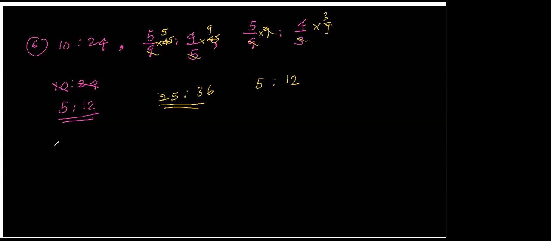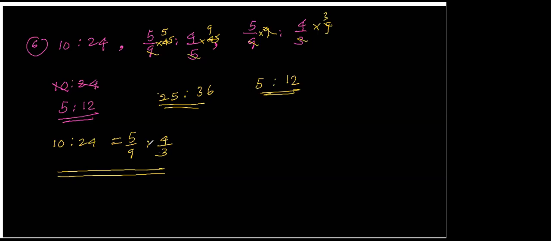So 10 to 24 equals 5 over 9 to 4 over 3. Can you understand, Yasit? Yes, teacher. Then write down.